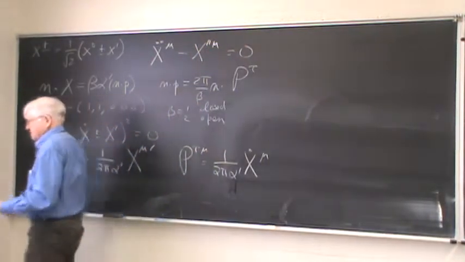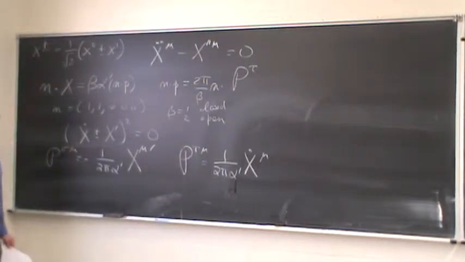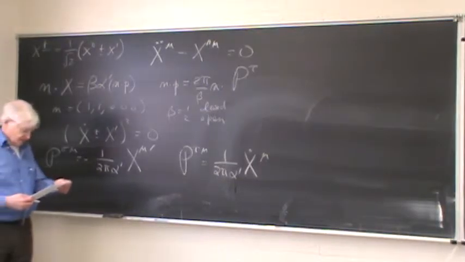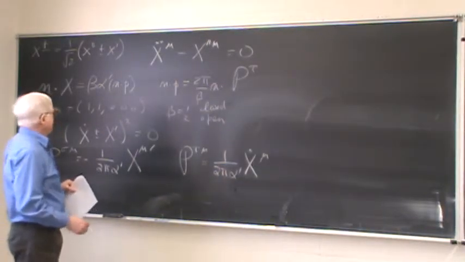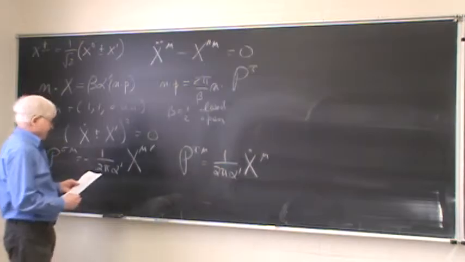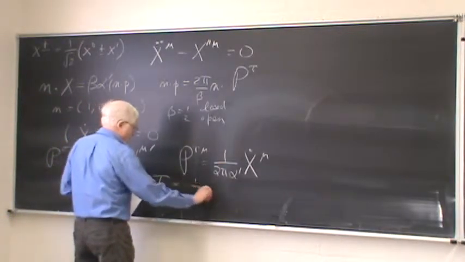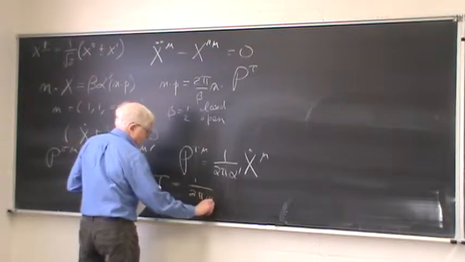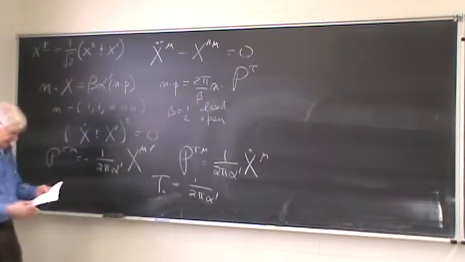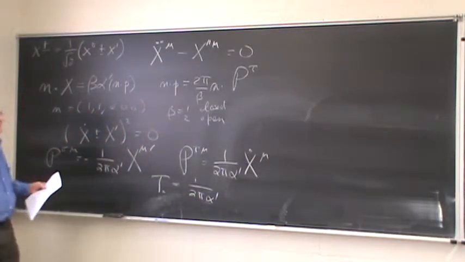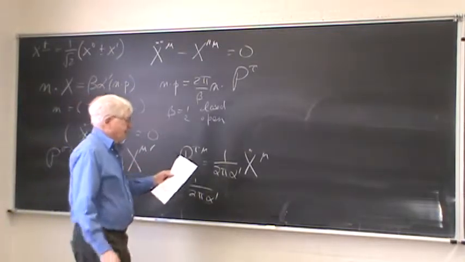So these coordinates of the string obey the wave equation. This makes things a great deal simpler. I said the tension T was alpha prime. Instead, the tension T0 is actually 1 over 2 pi alpha prime.